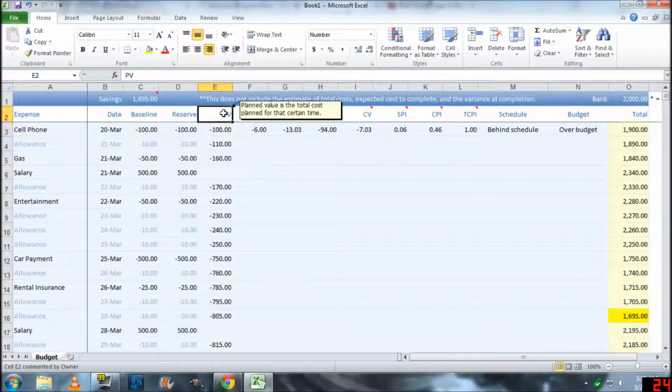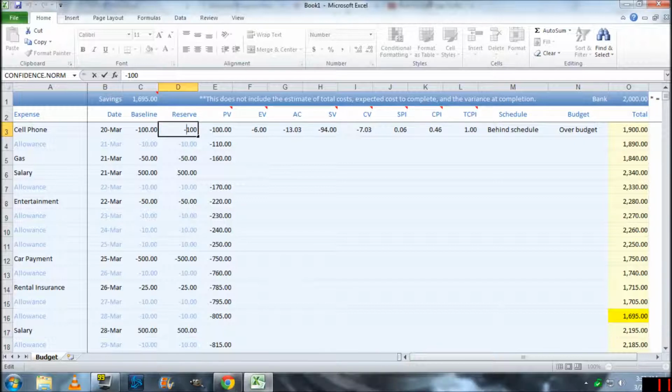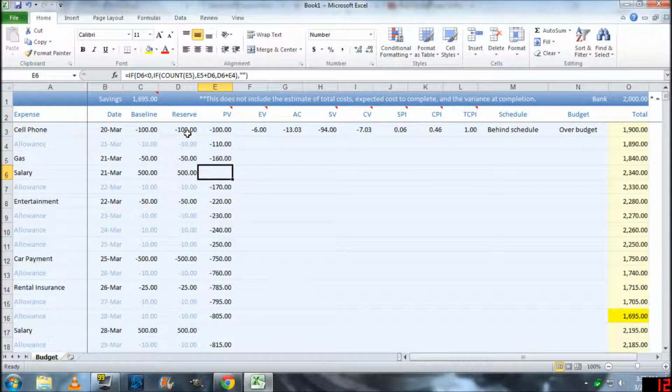So basically, planned value is the total cost planned for that certain time. In here, I have $100 planned value for today, and as you can see, it doesn't have a planned value for my salary because budgeting for project management does not include the salary.